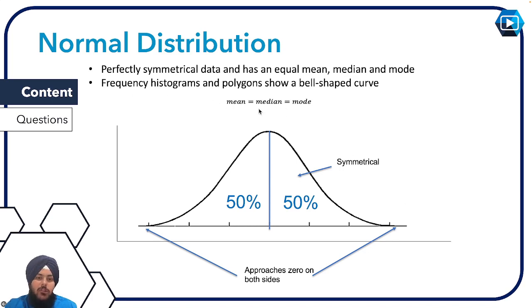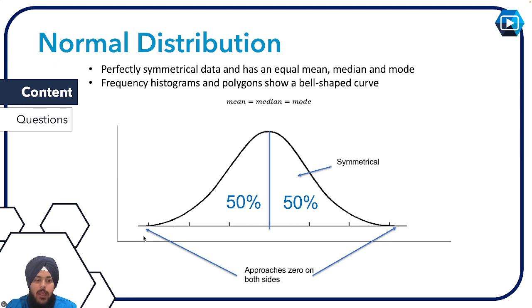So, frequency histograms and polygons. Originally we don't really know whether the graph is normally distributed or not. So what we can do is represent it using a histogram. And when we do represent it using a histogram, overall we will see that the graph resembles something called a bell-shaped curve. This is what the shape of the bell-shaped curve looks like.